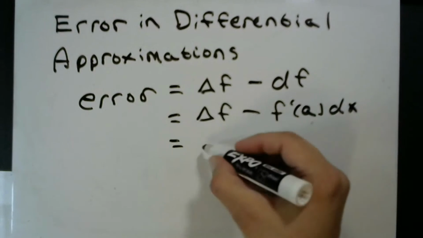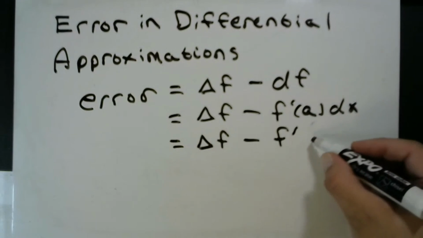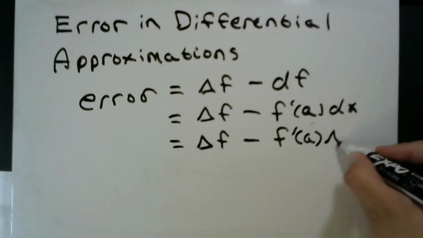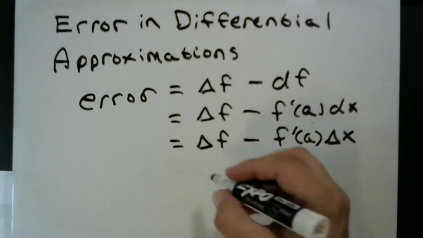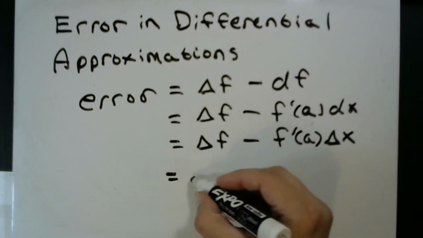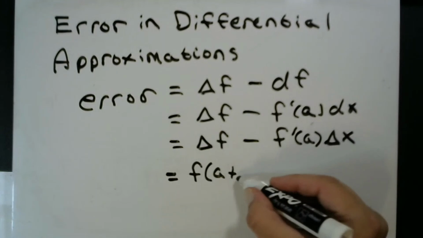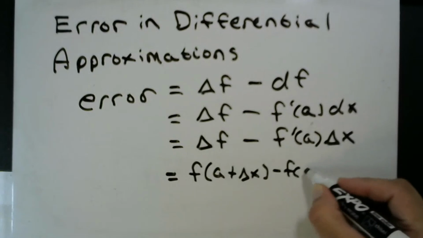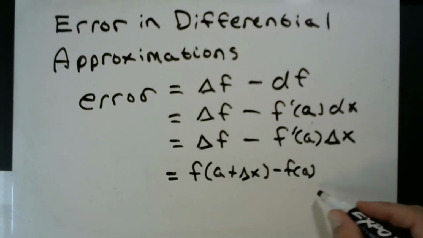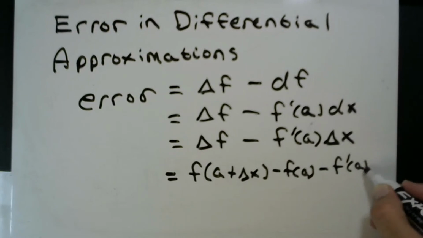And if you recall, we're letting dx be delta x. So delta f, that's the difference in f values. And again, since dx can be delta x, we're going to go f of a plus delta x minus f of a. That's your delta f. And then still subtract f prime delta x.